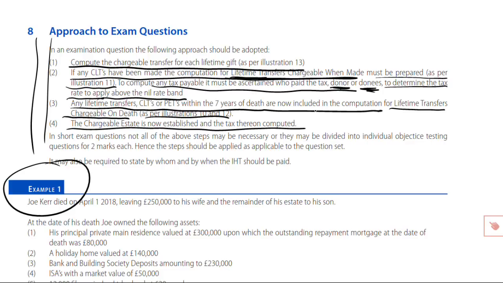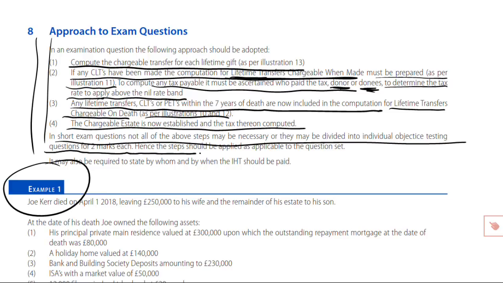So we need to know what is available. Again, in short exam questions, not all of the above steps may be necessary, or they may be divided, as they're likely to be, into individual objective testing questions for 2 marks each. Hence the steps should be applied as applicable to the question set.